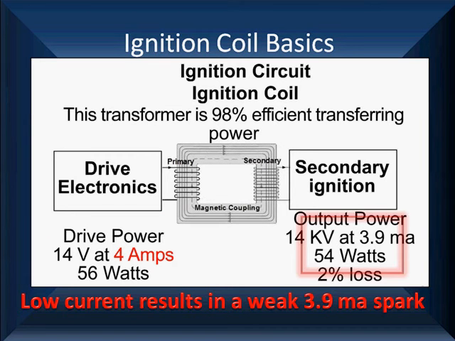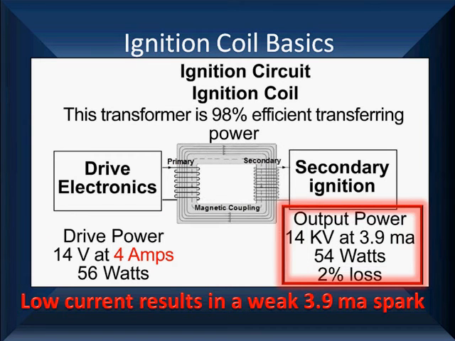Now let's take a look at the output side. We have 56 watts minus our 2% loss. That gives us a total power of 54 watts. The 14 kV requirement to get a spark hasn't changed. The secondary resistance is the same. But as a result, the low current in the primary results in a weak 3.9 milliamp spark.